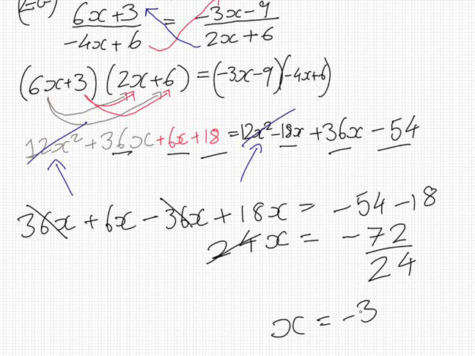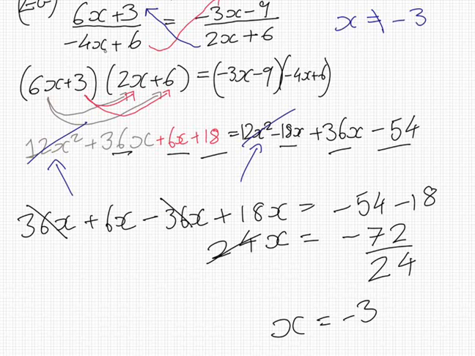Well, not quite, because I need to check that this answer is acceptable. So if I go back here, I can see that this means x is not equal to 3, which is minus 3, isn't it? Yeah? And then this one here, what's this one mean? What's that one?